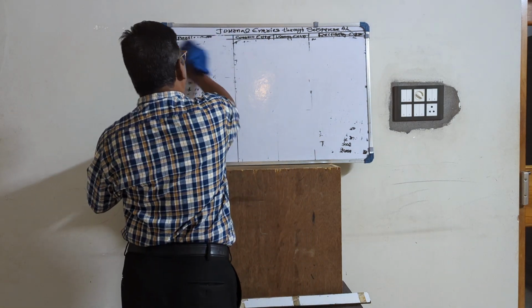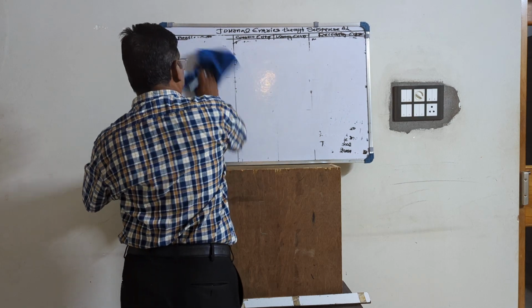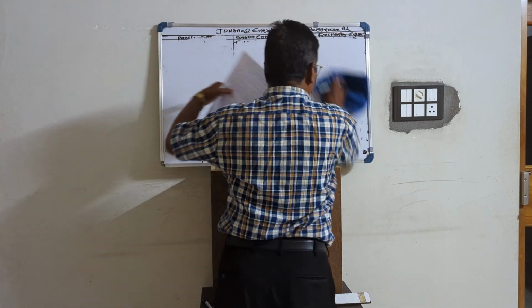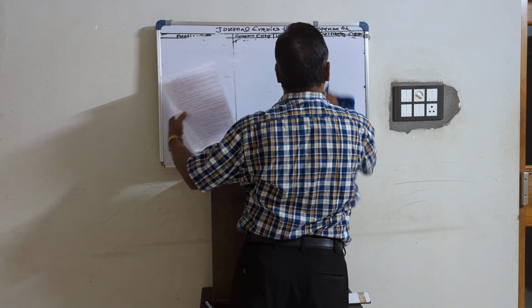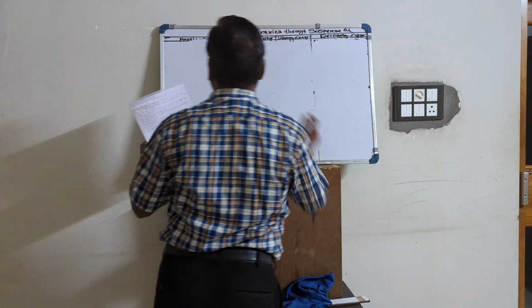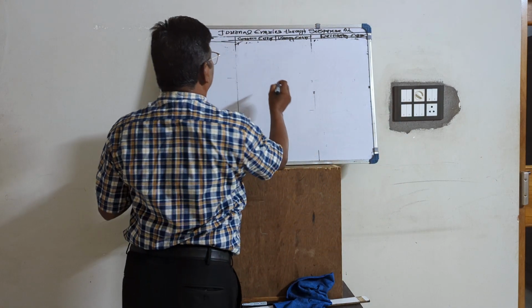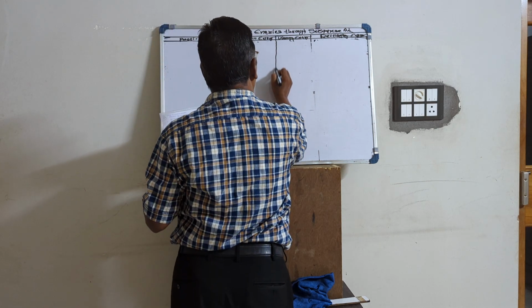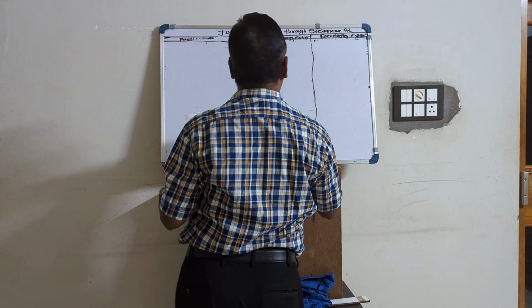So we will discuss another example in this video. First, the columns are particulars, correct entry, wrong entry, and rectifying entry.